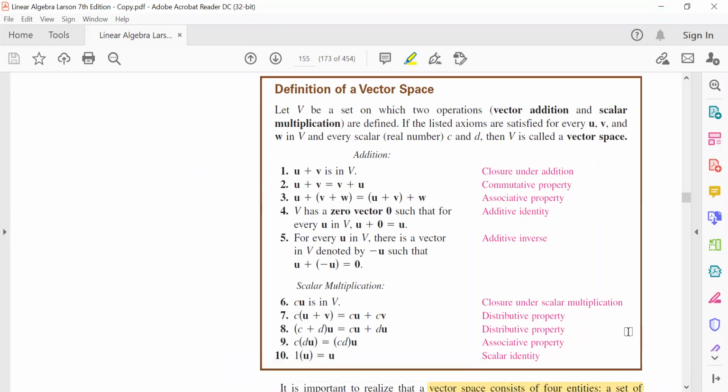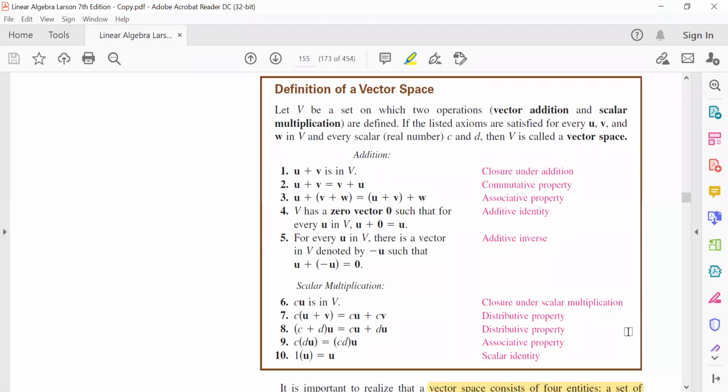An axiom is not something that you prove. It's a sort of given, a foundational principle. Back in 4.1, we proved that Rn has these 10 properties, so we proved that Rn qualifies to be called a vector space.